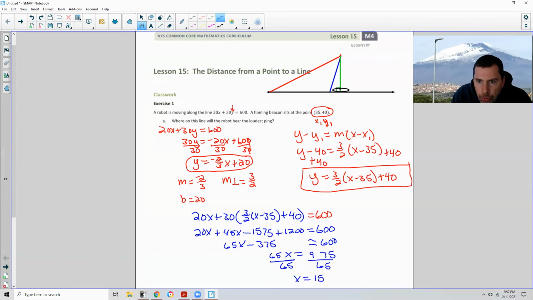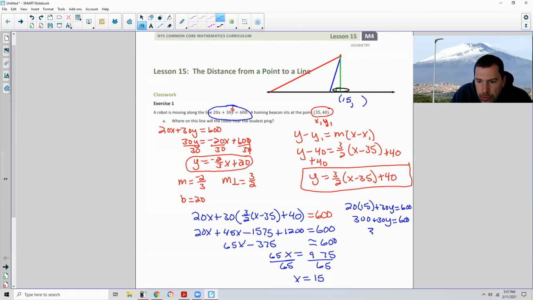So I know the point that is right here would be 15, comma, something. How do I find the y? Plug it into our equation. 20x plus 30y equals 600. 20 times 15 is 300, plus 30y equals 600.